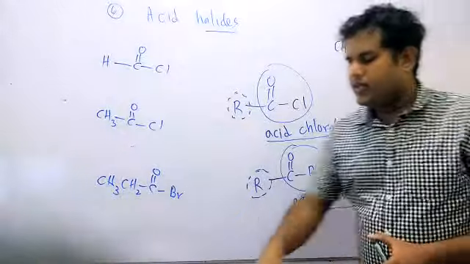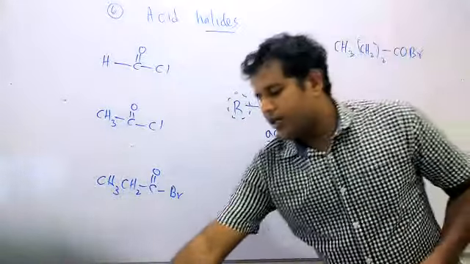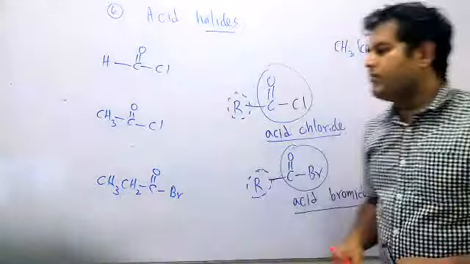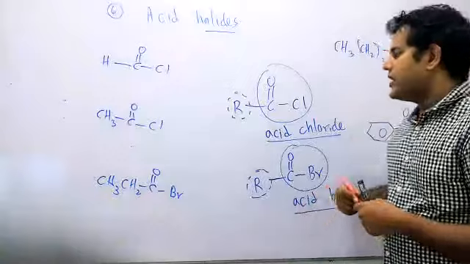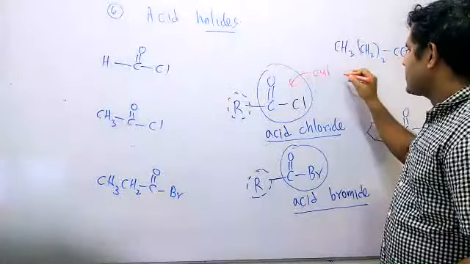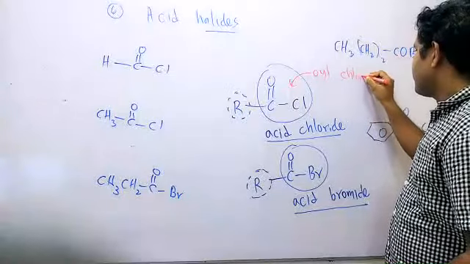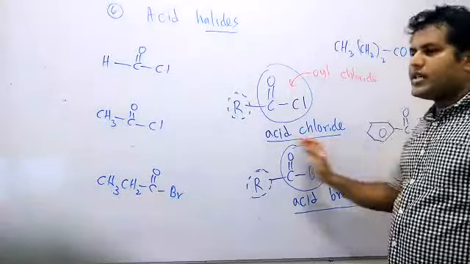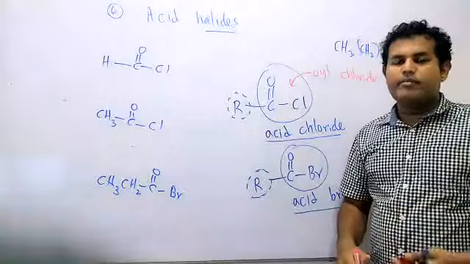When you are getting an acid chloride, can you remember what term we used in carboxylic acids? Oic acid. So here also we have a certain term: it is called oyl chloride. We don't say acid chloride; acid chloride is the common name.